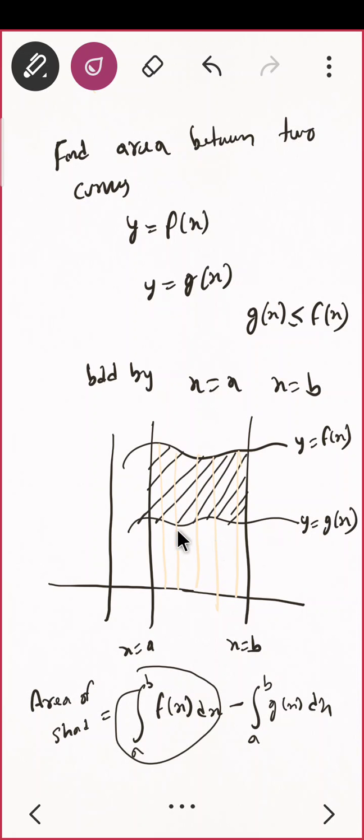This is y equal to g of x, area under this curve, I am removing this part. So whatever I am having, that is my area between two curves. Is that okay? Yes. So in short, you can give a formula like that, that is integral from a to b of f minus g dx. Is that okay? Do you understand?